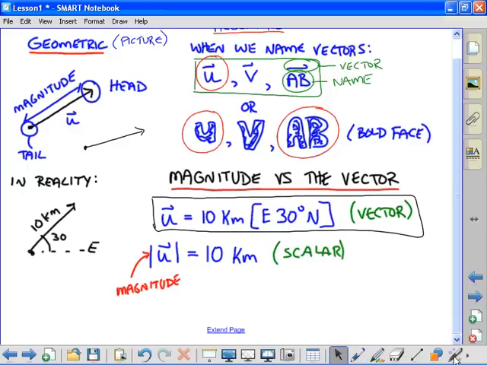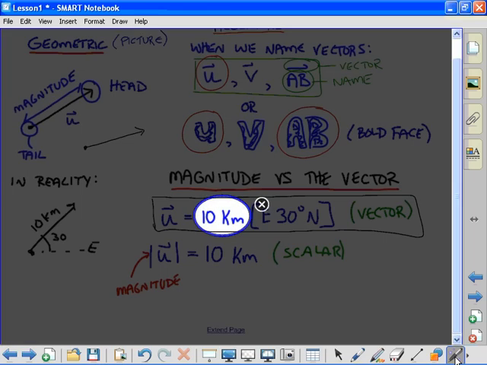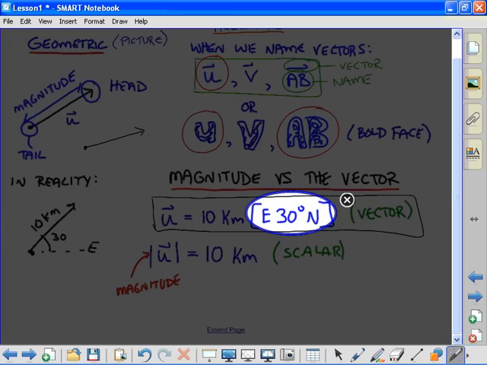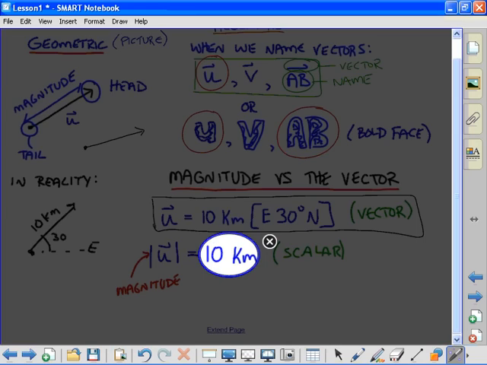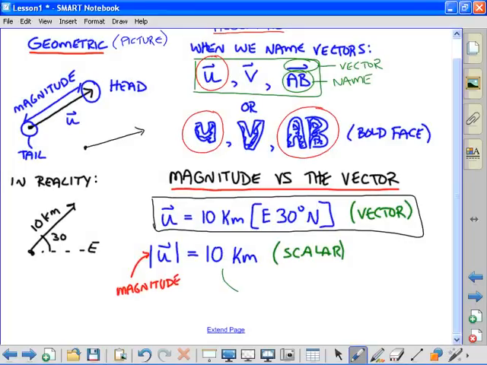Why is it a vector? Because vector u has a magnitude, 10 kilometers, and a direction, east, 30 degrees north. So those are the two components that make up a vector. Here, I only have 10 kilometers, which means it's only a distance. So this is a distance, which makes it a scalar. So there's no direction. It's only a distance.